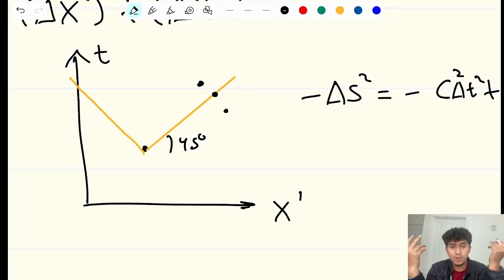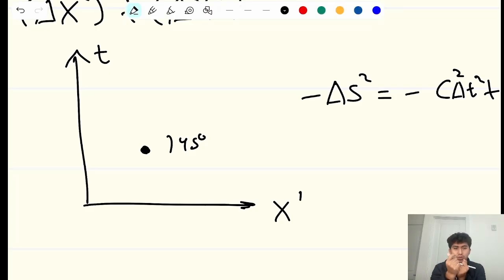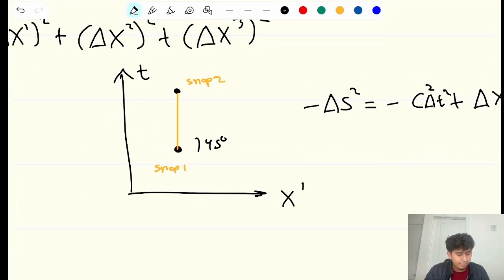Let's say these are our two events. How can we describe that in this graph in a beautiful way? Then we just put a point. Let me erase this. We didn't change position. We did the two snaps in the same position, so it just advanced through time. So snap one, snap two. This is how we describe stuff in space-time diagrams.